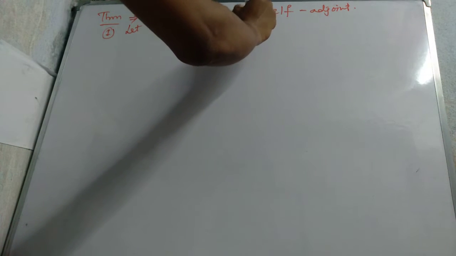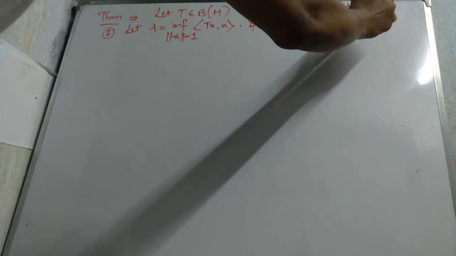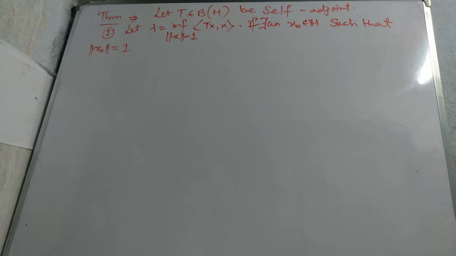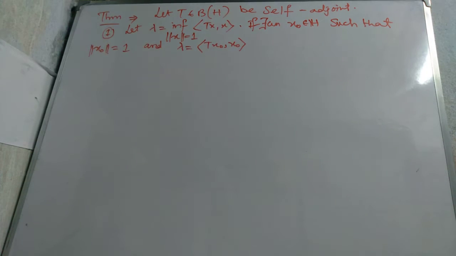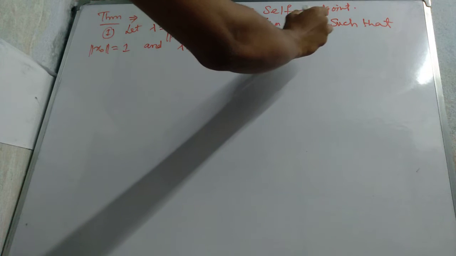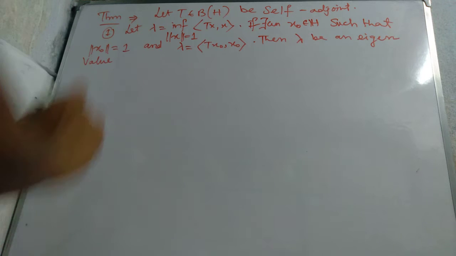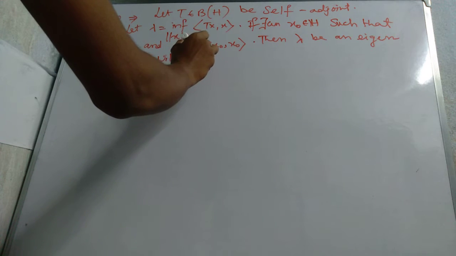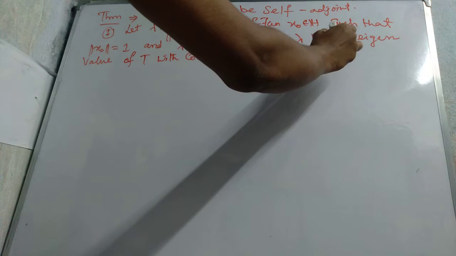And if there exists an x0 belonging to H such that norm of x0 equals 1 and lambda equals the inner product of Tx0, x0, then lambda is an eigenvalue of T with corresponding eigenvector x0.